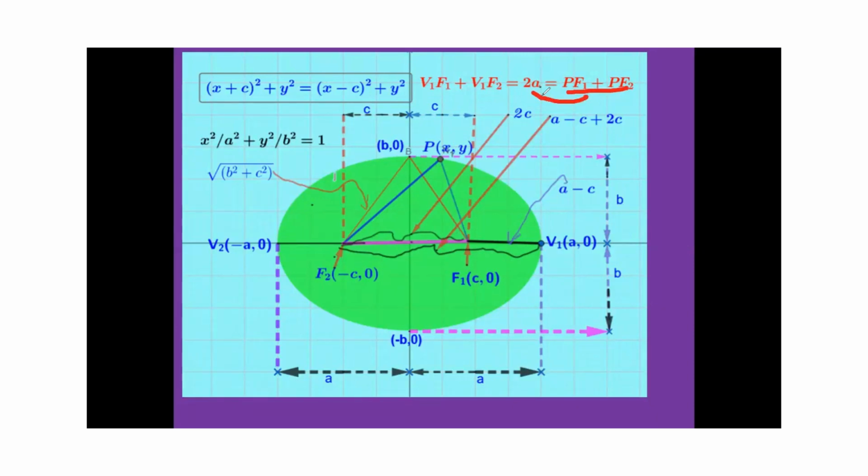F1 and F2 are the foci of an ellipse, and P is any point on an ellipse. So PF1 plus PF2 equals the total length of the major axis. Here is the distance from F2 to B, which is the square root of B squared plus C squared.